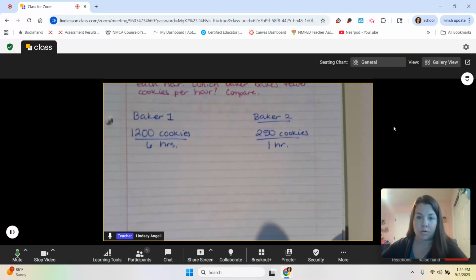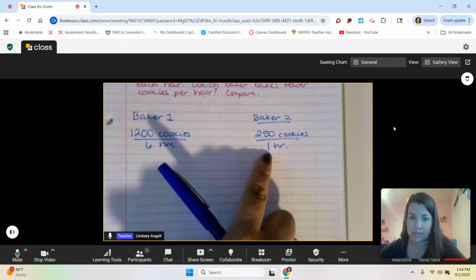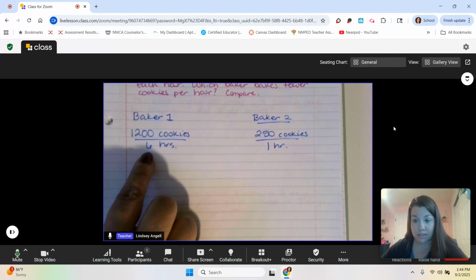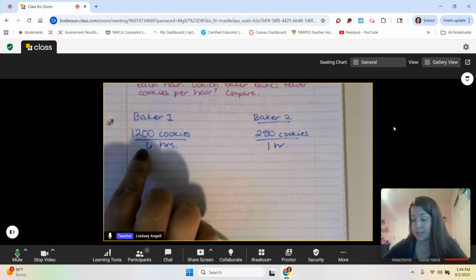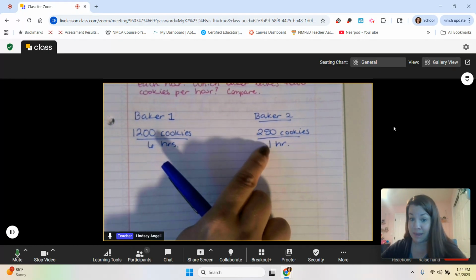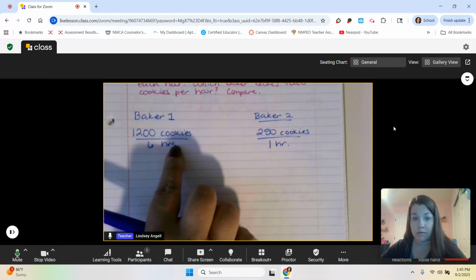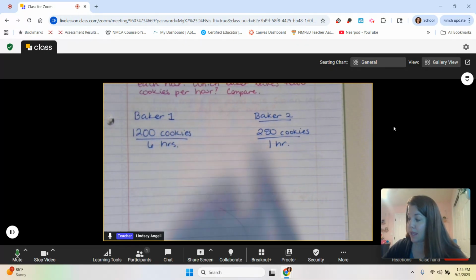Okay, so Baker 2 in this case is already written as a unit rate. This one is not. So we could do one of two things. We could convert this to a unit rate, or we could multiply this by 6 hours and see which one has fewer.